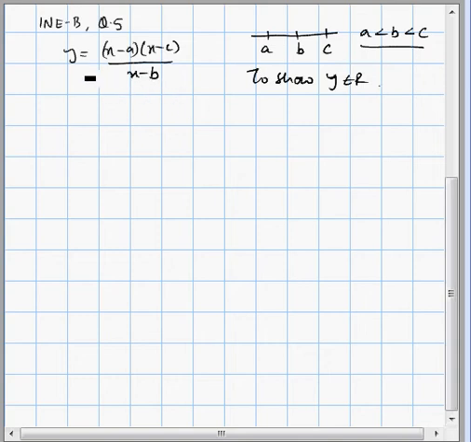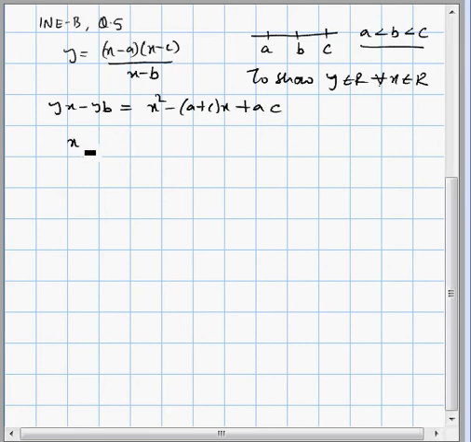Now you know it's a typical approach, typical method. We cross multiply with the denominator, express as a quadratic in x, and as x belongs to R for all values of x, we put D greater than or equal to 0. Let's do that. Cross multiply, it is yx minus yb equals x square minus (a plus c) into x plus ac.